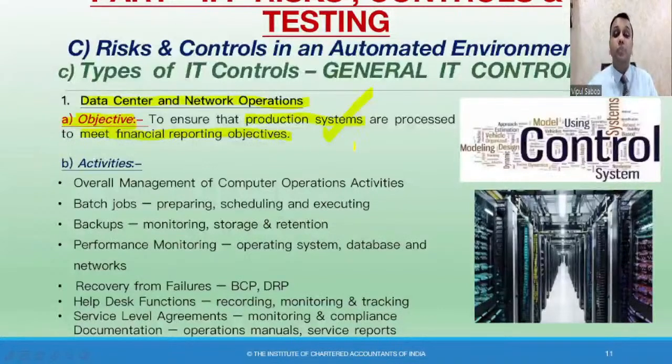So what should be the activities covered under these controls? The activities covered under data center and network operation IT general controls is the overall management of computer operations activity. Who is maintaining the computer operation? Who is doing what operation on computers? Whether we have outsourced the maintenance support or we have a person employed within our organization who is an engineer who will be taking care of all this.